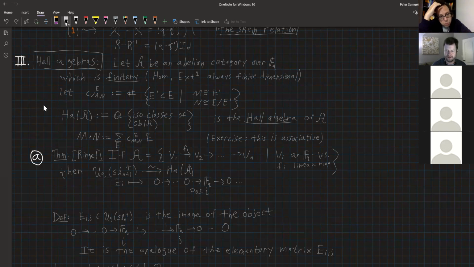And morphisms in this category are commuting diagrams, the obvious thing you would define for commuting diagrams. So these are type A_{n+1} quiver modules.